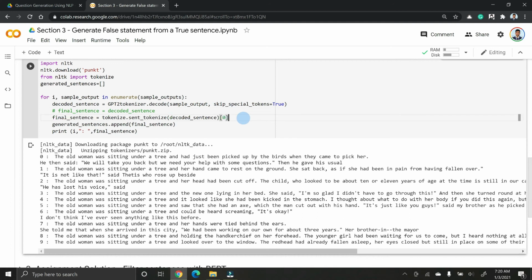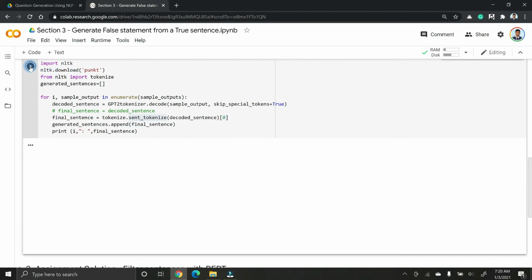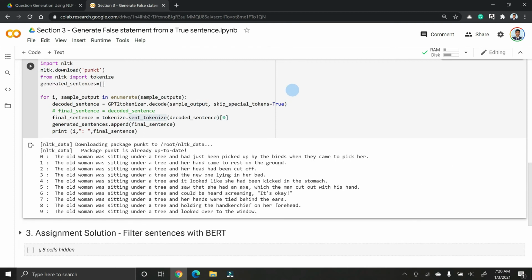I uncommented this line and have a new line here where we are using the sentence tokenizer from NLTK and split this paragraph into sentences and keep only the first sentence, that is the 0th index. If I run now, you can see that I have split the paragraph into just the first sentence, and you can see these are the 10 alternate sentences generated by GPT-2.